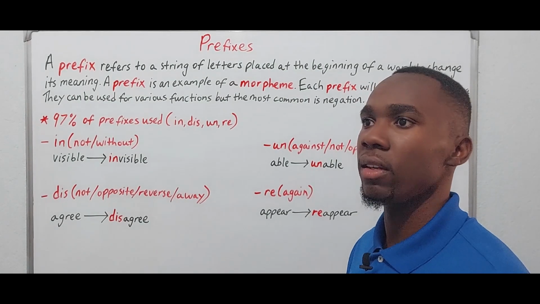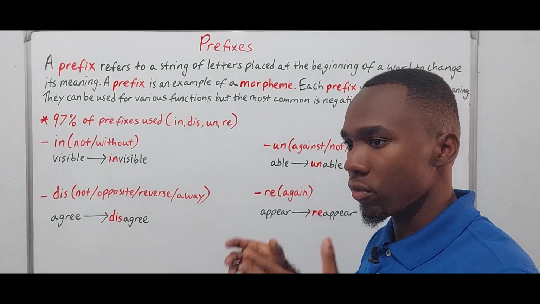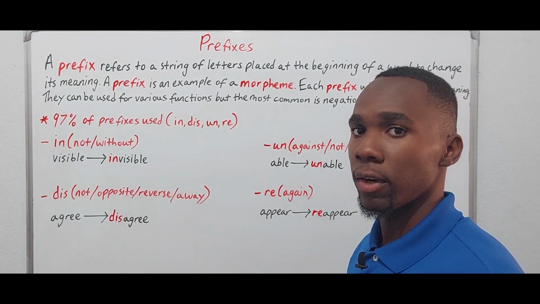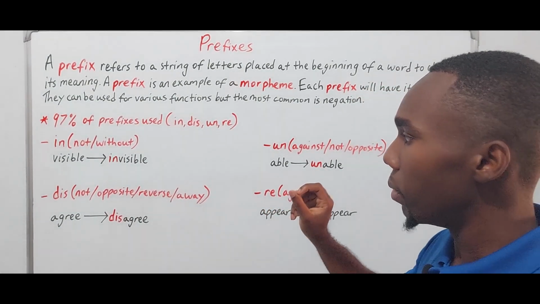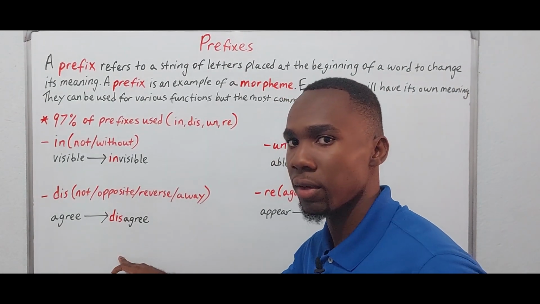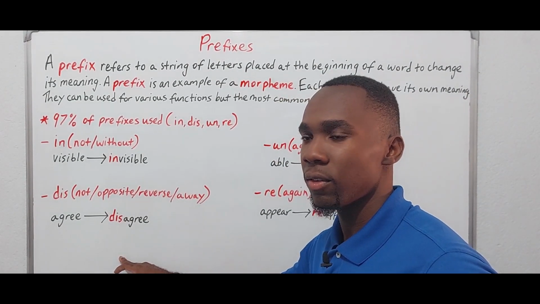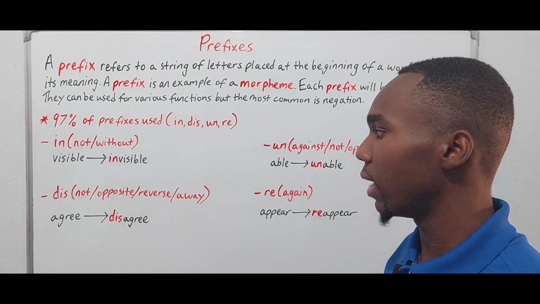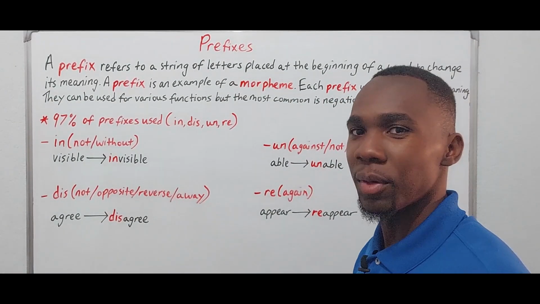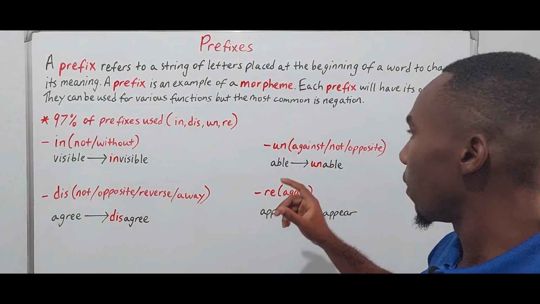There are some guidelines, although they're not rules that are set in stone, that you can follow, right? We would say disagree. We wouldn't say unagree, right? So you must understand that there are some guidelines, but we'll get to those.